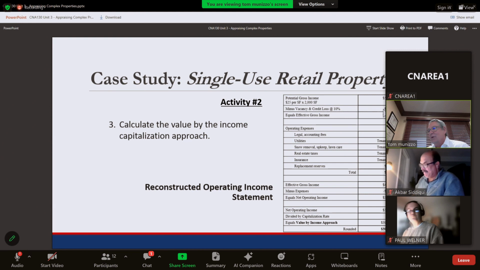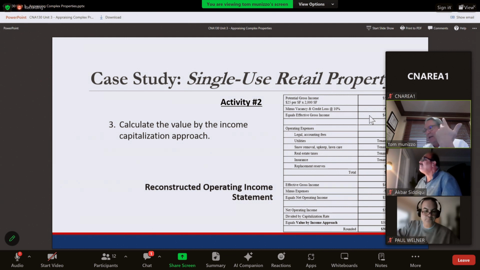You have your vacancy and credit loss, so you arrived at your effective gross income. Remember I said you take potential gross income minus vacancy and collection to give you your effective gross. Now you're taking your fixed and your variable expenses and deducting them.